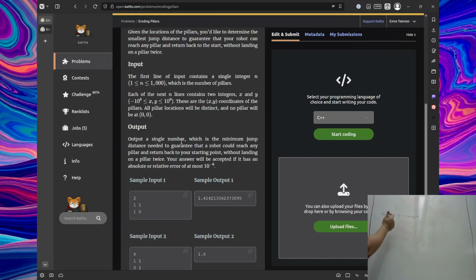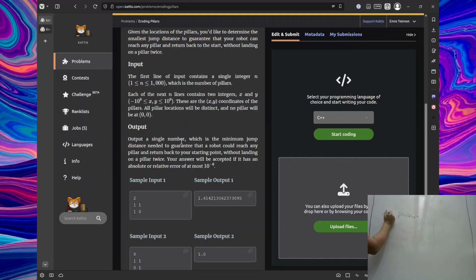So it's never going to be such that if I increase the jump distance, I suddenly can't make it anymore. So this is called a monotone predicate, and it's basically saying everything to the right will always satisfy, but everything to the left, we don't know yet.